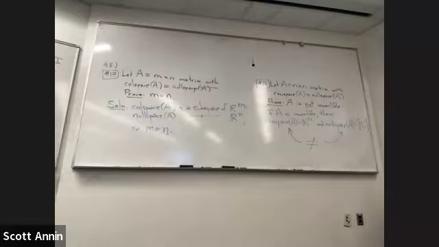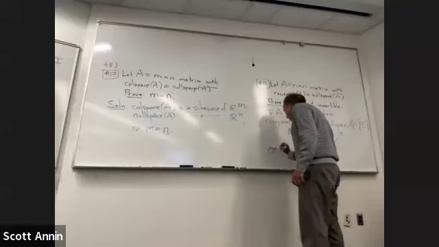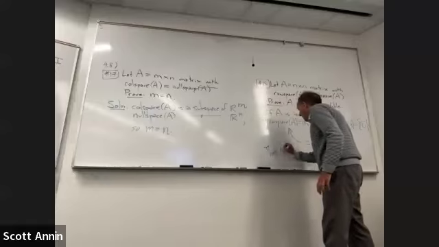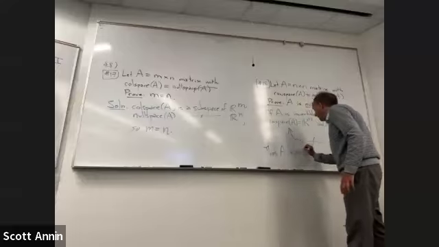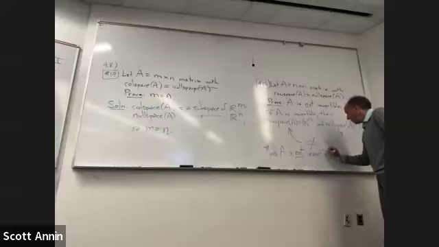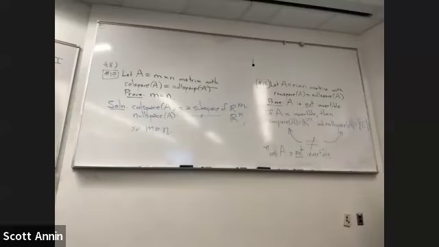One of them is the whole Rn, the other one is just 0. So I'll just make the conclusion: thus, A is not invertible. Because if A is invertible, we get this conclusion that the row space and the null space would be different.